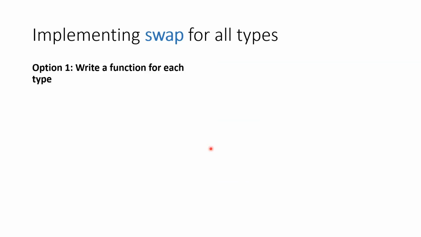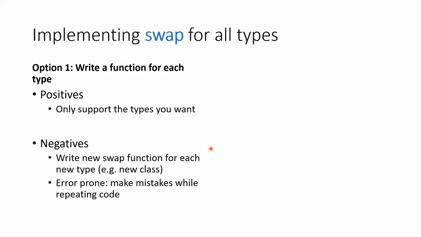What if I want to implement swap for all types? Well, option one is obviously to write a function for each type. And in this case, it won't support the other types that you don't want. And this is kind of a safety feature because you don't want anything to call your function in some cases. But in this case, you will need to write a new swap function for each new type.